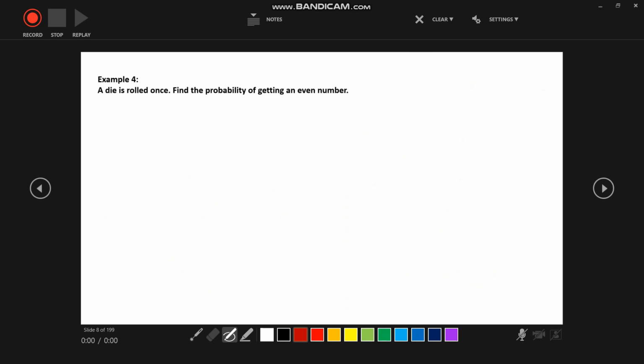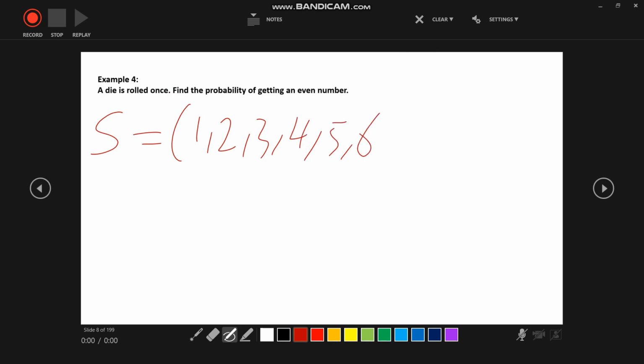Now I have another question. This one says a die is rolled once. Find the probability of an even number. So you have to determine your sample space. Since it is a die and the die was rolled once, our sample space will be 1, 2, 3, 4, 5, 6.